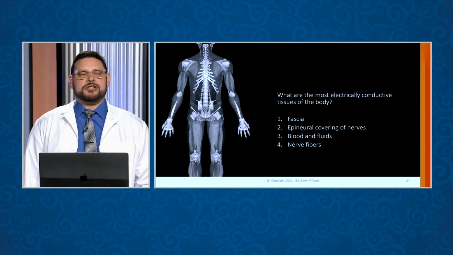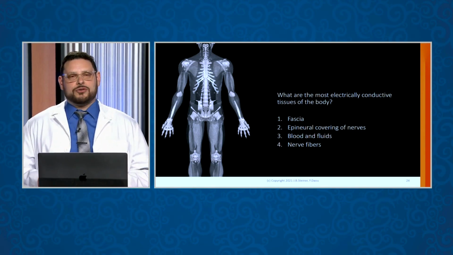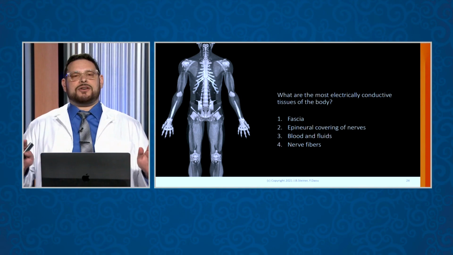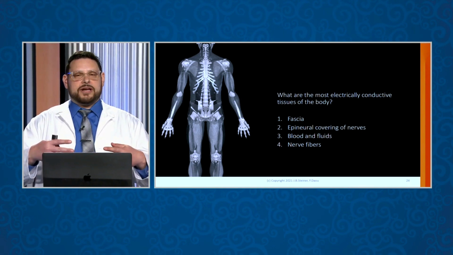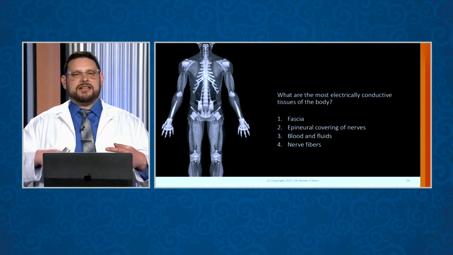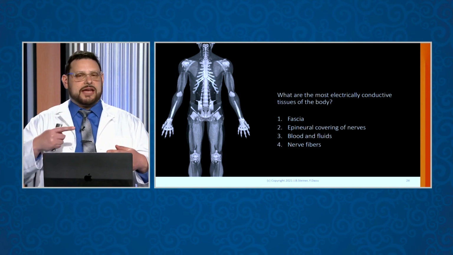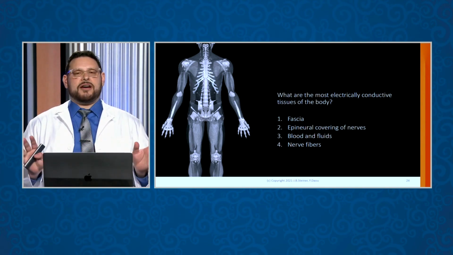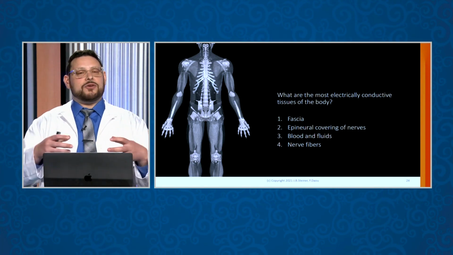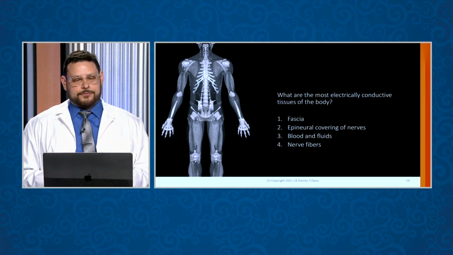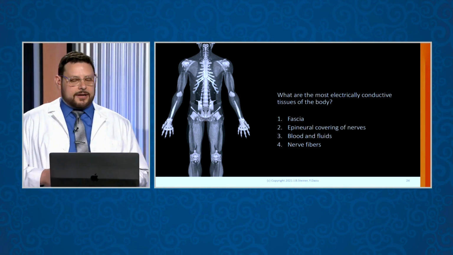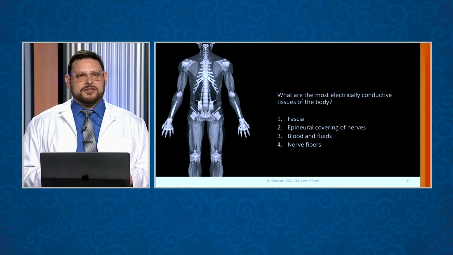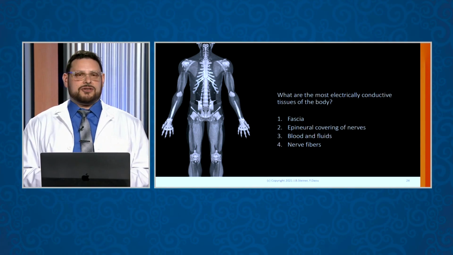Picture the Ren and Du channel and how the spinal nerves come out of the spine, the sympathetic nerves, and feed every single organ. Qi from the Ren and Du, which goes in a circle, as you know, will exit on the outer epineural covering of these spinal nerves and feed the organs. And qi also flows on the highly conductive surface of blood vessels, such as arteries and veins.